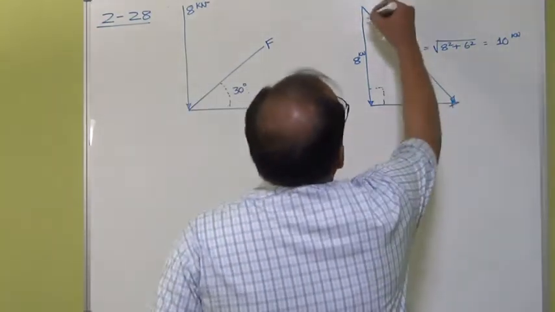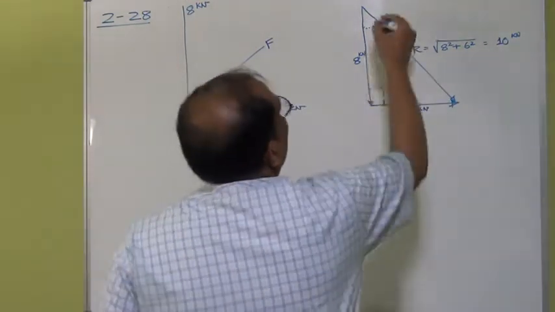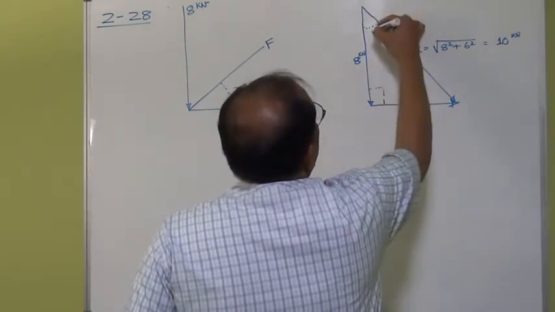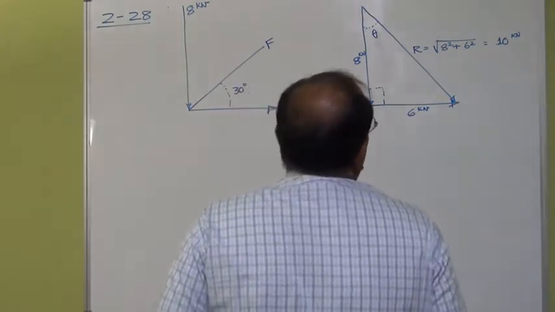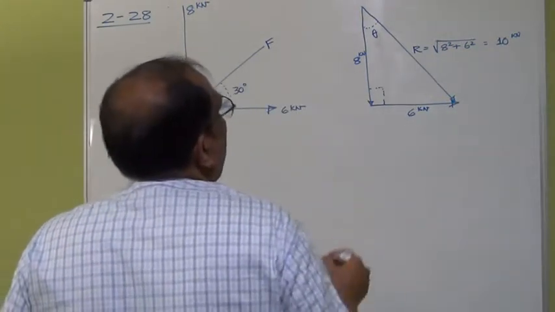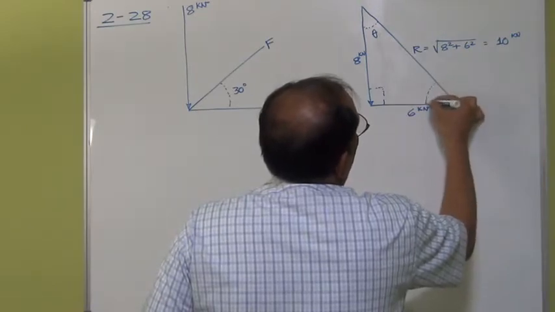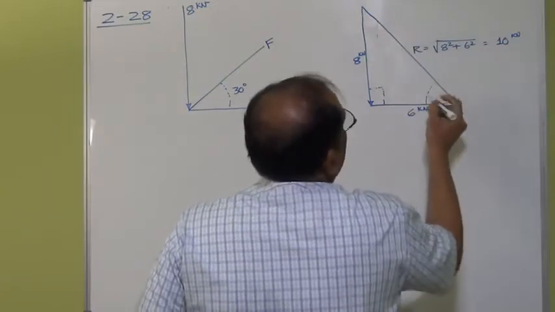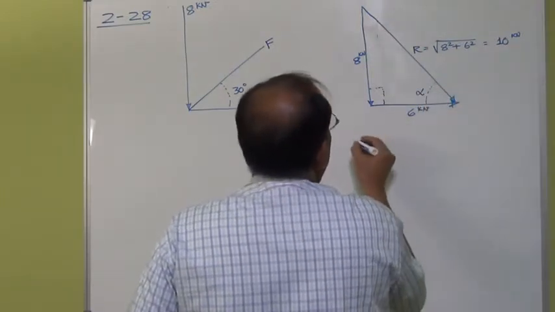Now you can also find out this angle here. Okay? So let's say this is theta, the resultant angle that it's making with the vertical, or you can just say what angle this one is making with the horizontal, it doesn't matter. So let's say this is alpha.